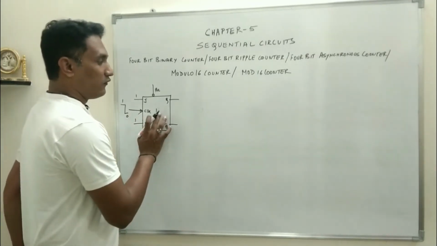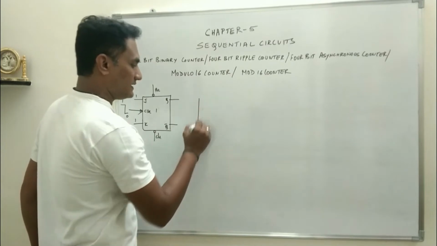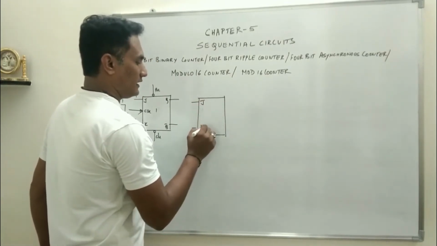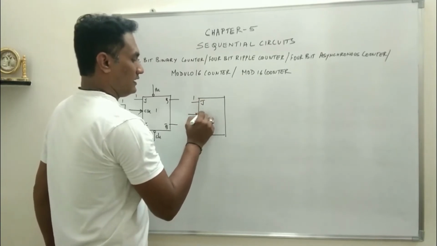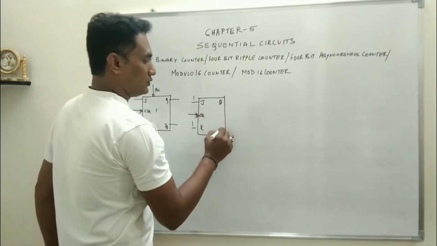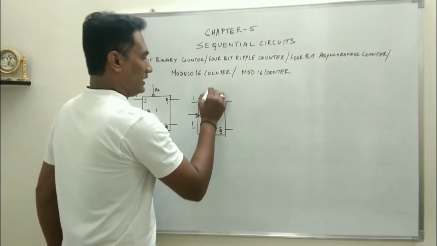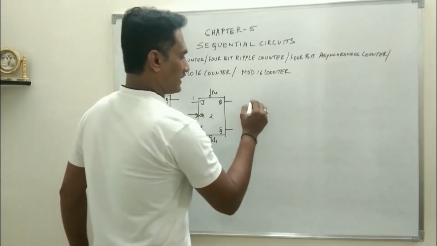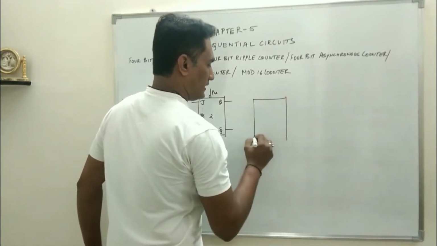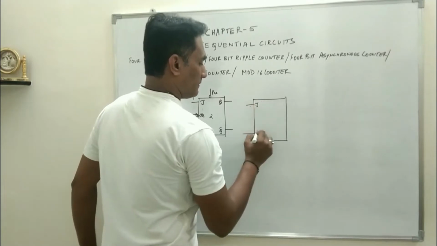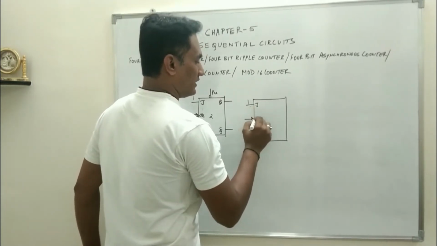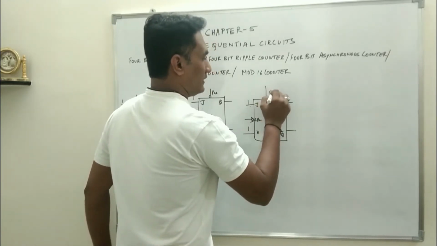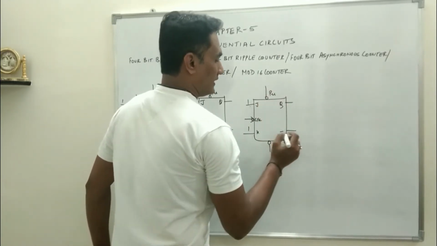Now such 4 flip-flops have to be connected in sequence. So this is the second one, J, K connected to logic 1, negative edge clock, Q, Q bar, preset and clear terminal. Then again third, J, K connected to logic 1, negative edge clock, Q, Q bar and active low preset and clear terminal.